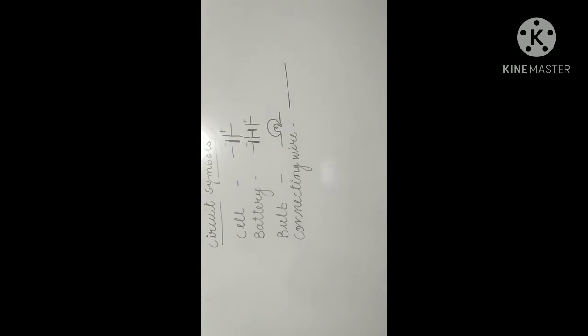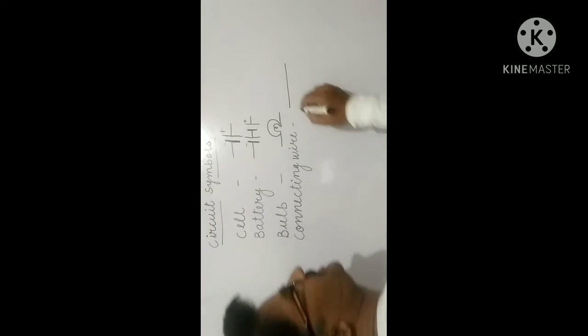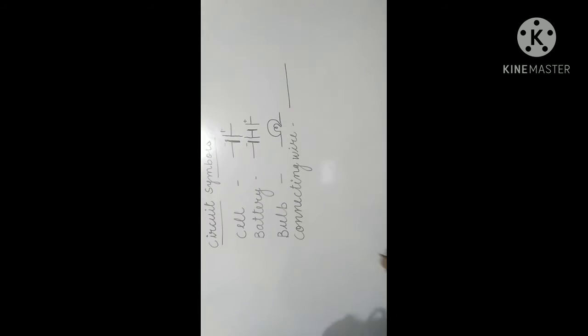The connection between the two wires is represented by a dot. Generally, connecting wires are made of copper. The wires are used to connect various electrical components in a circuit. So it is represented by a straight line.